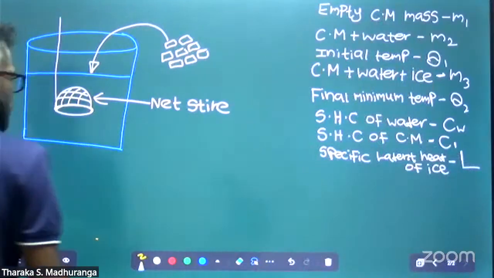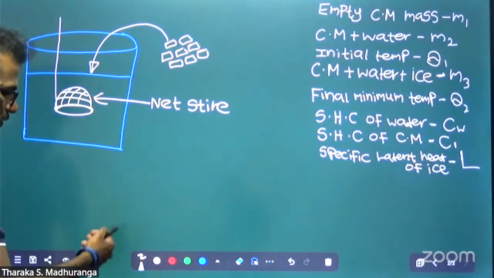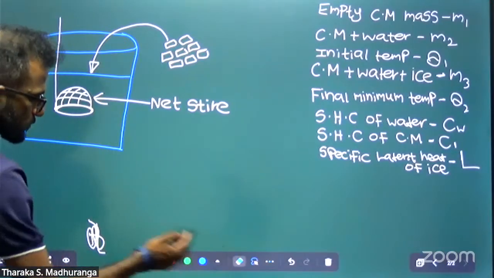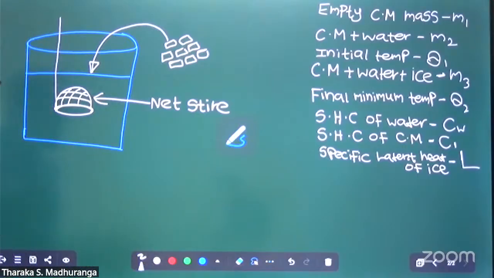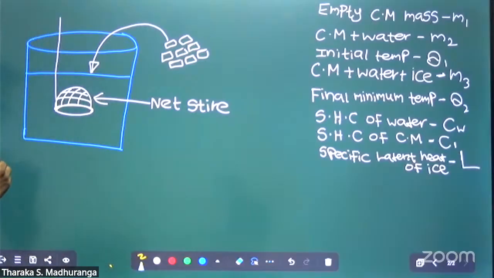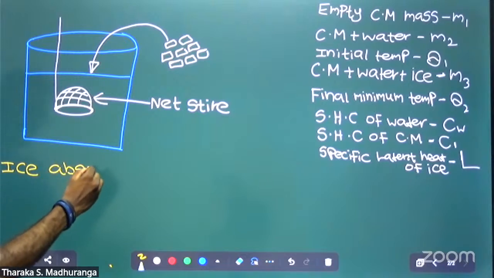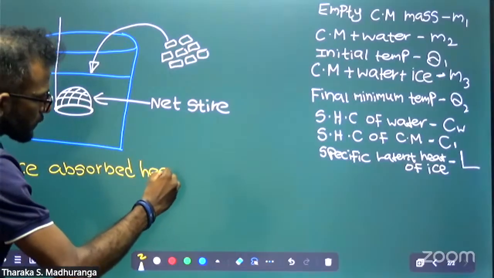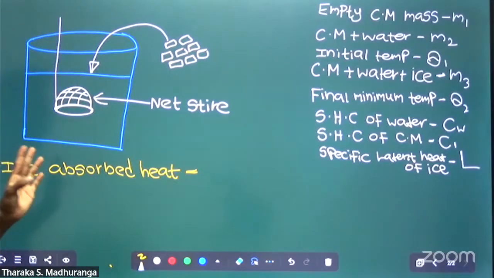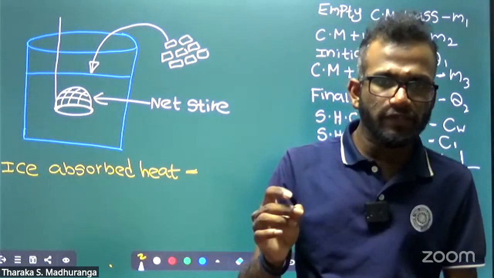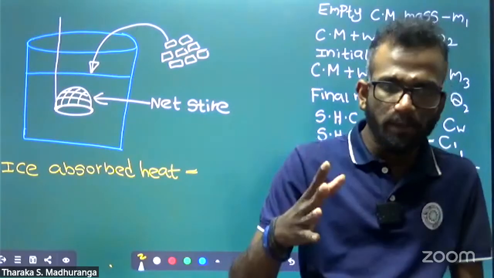What happened? The ice absorbed heat. This relationship is very important. The ice always absorbs heat, because heat is always transferred from high temperature to low temperature.